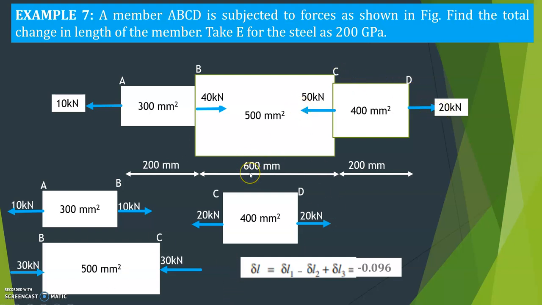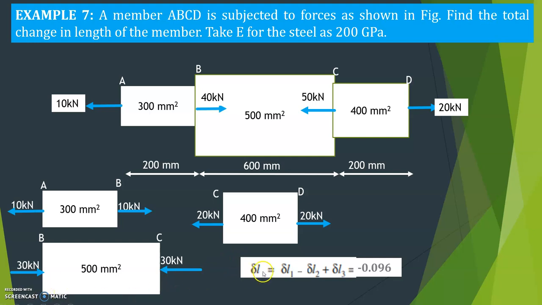So total deformation is equal to delta L1, this one. Apply this section formula. Delta L2. What is delta L2? This is compression force. So I have told that for tensile force you have to consider positive sign, and for compression force you have to consider negative sign.